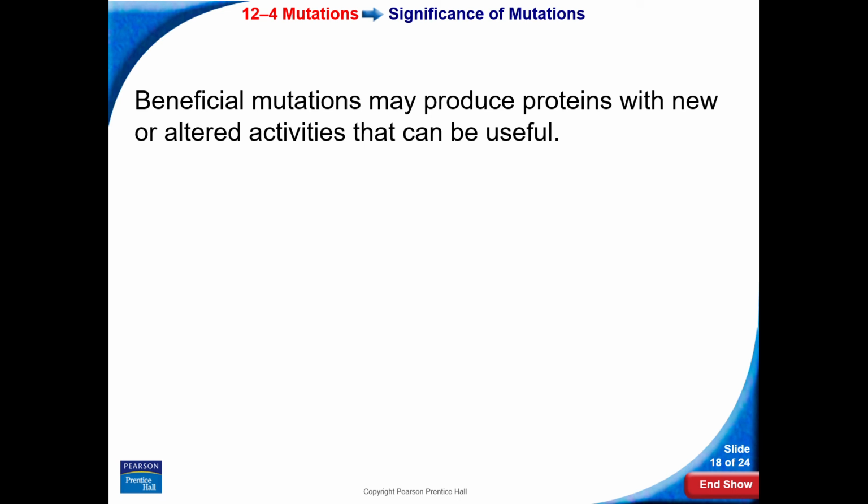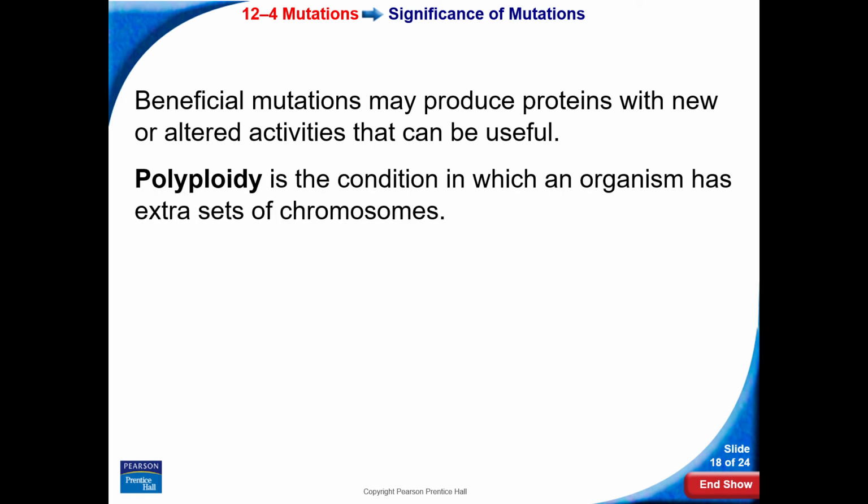Well, we do that through the change that comes about through mutation. Beneficial mutations can produce proteins with new or altered activities that can be useful. Whenever this occurs and the individual survives, and their survival value is a lot better, it's going to be added to that genetic content and passed on to offspring because it's an improvement in their ability to survive.